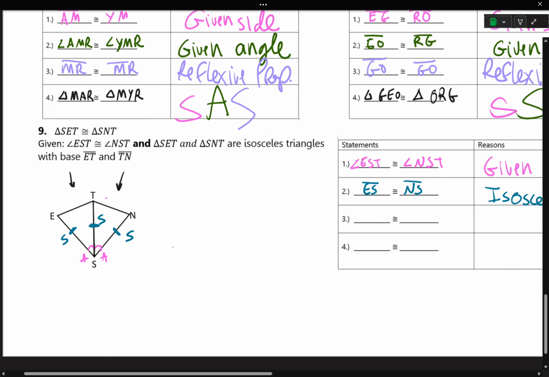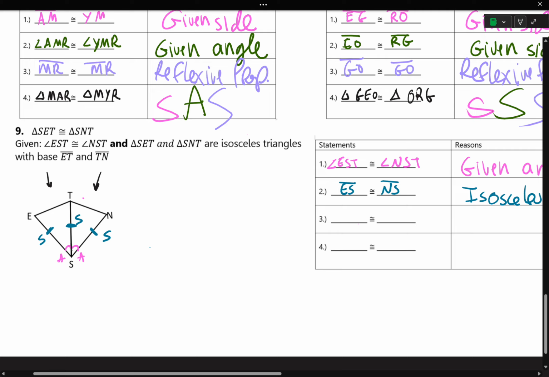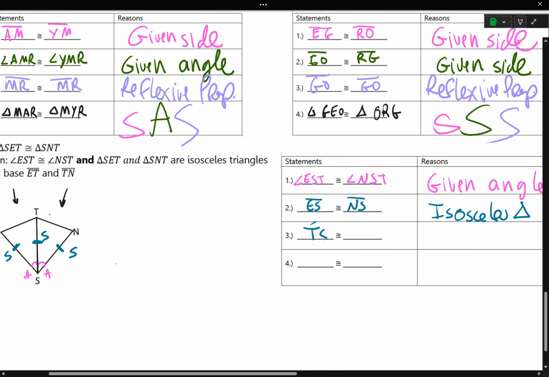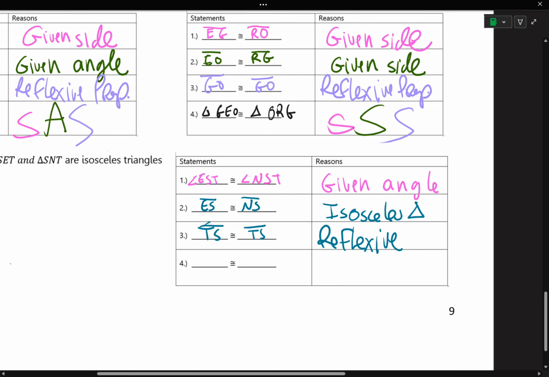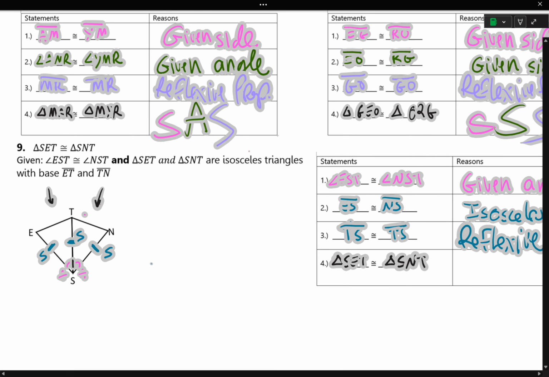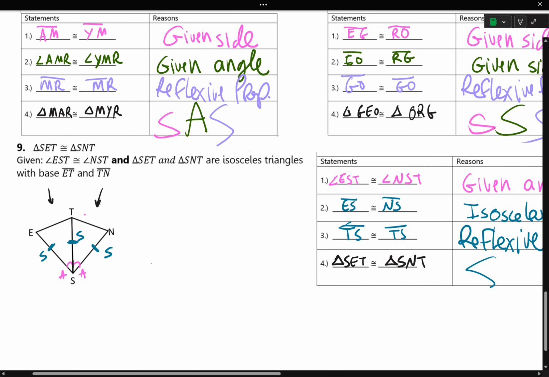What are the properties of isosceles triangles? We can't fit that in the box. And of course we have TS congruent to TS because of the reflexive property. So we can in fact conclude that triangle SET is congruent to SNT because of side, angle, side.